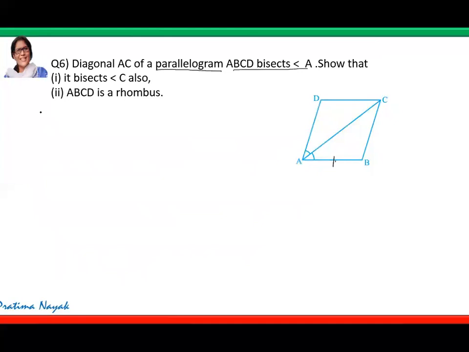So what is given? Given AC bisects angle A in parallelogram ABCD.